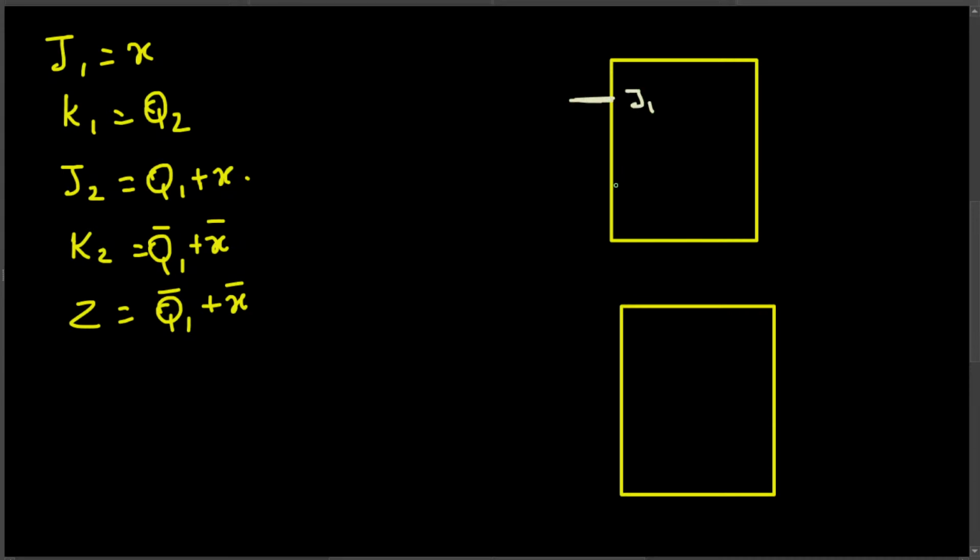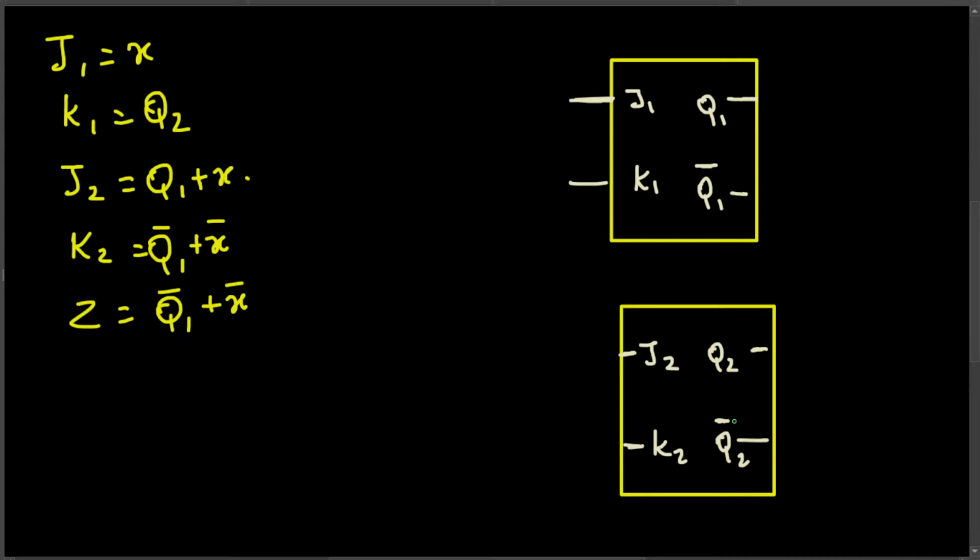This is J1, K1 and Q1, Q1 and Q1 naught. And let's look at the second flip-flop. For this one, this is J2, this is K2, and this is Q2, and this one is Q2 naught.